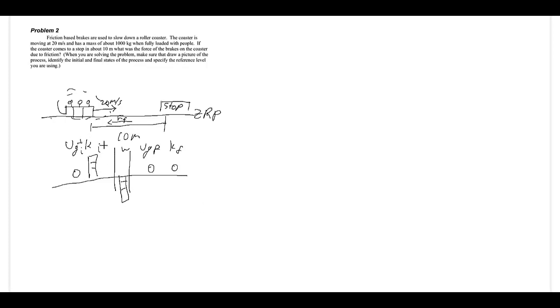So from this equation, we end up with K initial plus work is equal to 0, but since this is negative work, I'm actually going to write negative, right? And that means that if we simplify, K initial is equal to the work done, and from here we can say that K, which is 1/2 mv squared, is equal to F times distance.